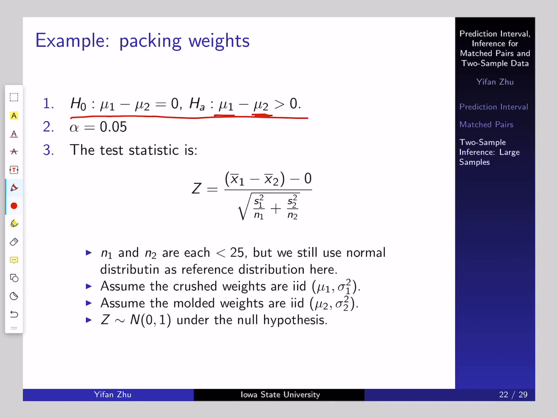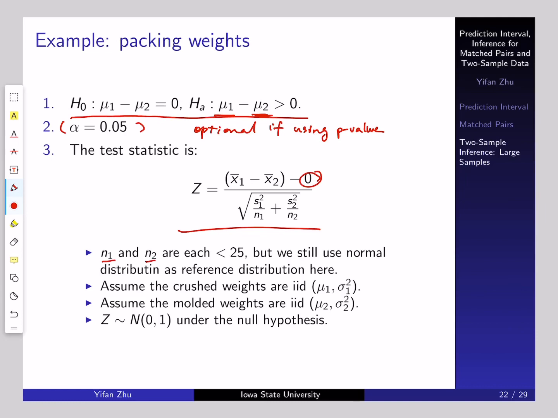And for the example, we will be using the p-value. So this step is optional. This is the test statistic. 0 is the number in the hypothesis testing. Here N1 and N2 are both 22.